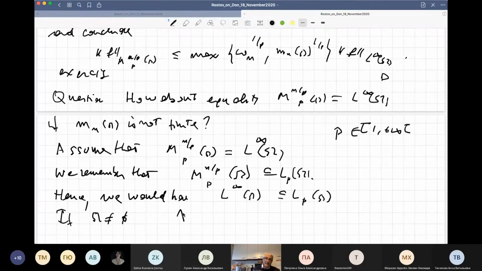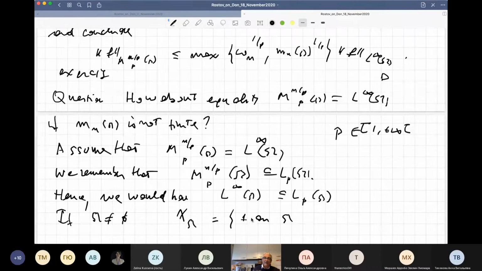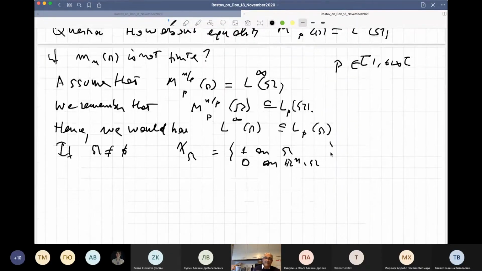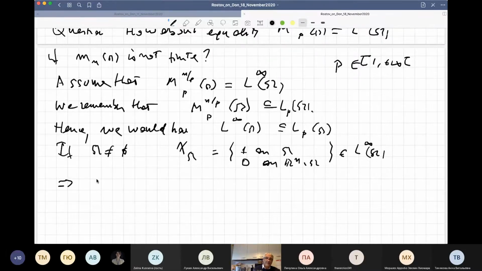But then, of course, omega is not empty, but if omega is empty, there's nothing to say. Then we have the K. Remember, this is the function which is 1 on omega, and 0 on Rn minus omega. Then K omega belongs to L infinity, is essentially bounded. And K omega lies in LP.